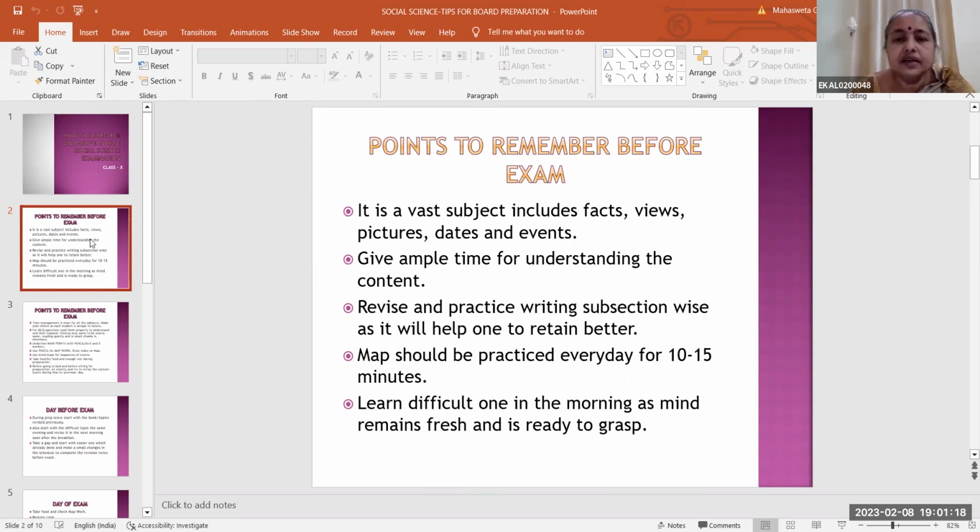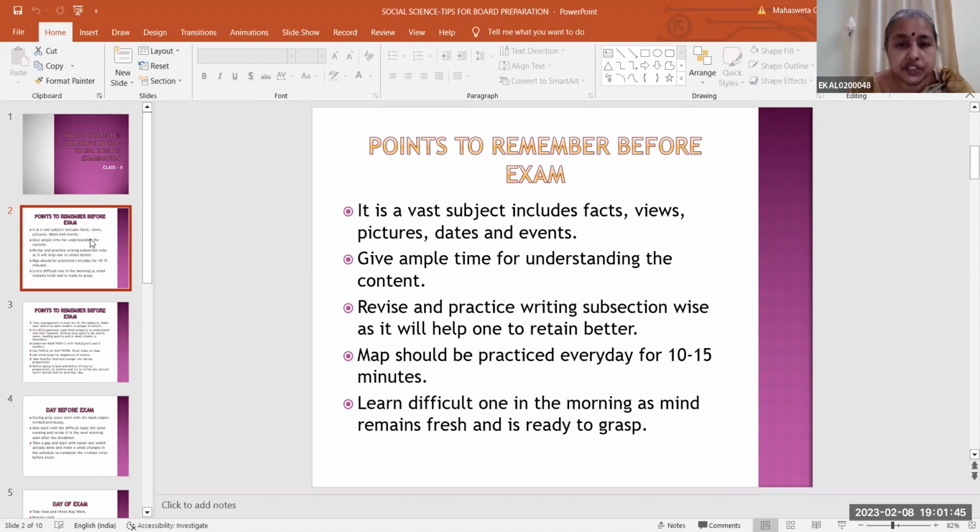If you see the volume of the syllabus, in history there are 5 lessons, geography 7, economics 4 lessons, and democratic politics 5 lessons. So it's acceptable that the amount of facts, views, pictures, dates, events and sources is large. You have very little time now, 34 days for social science.